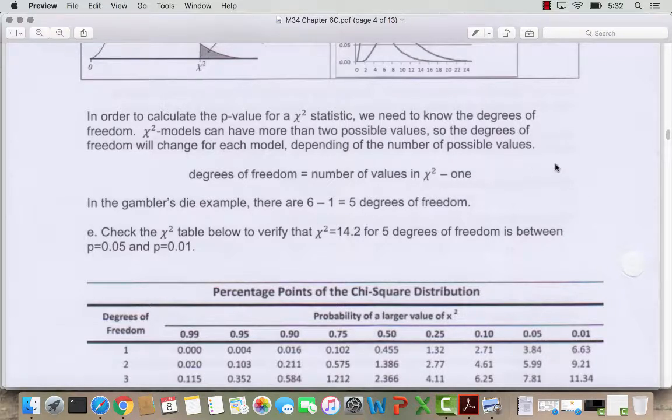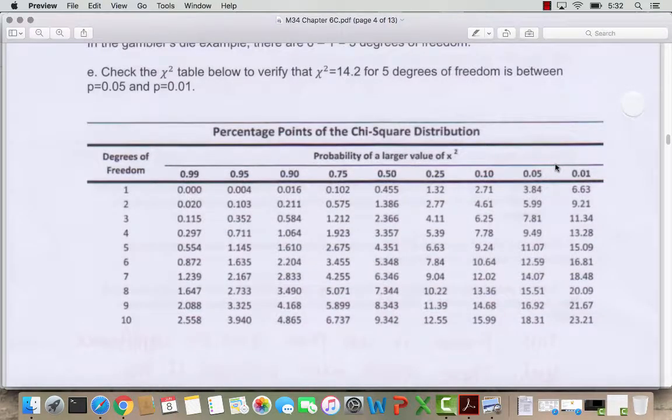So here's how we use a chi-square table. Similar to the Z table, before calculators and computers, students in statistics carried around books with these tables. So we have 5 degrees of freedom because we have 6 lines in our table. So we come over here and find 5 degrees of freedom. And then we look down the row to see where our chi-square value of 14.2 fits in. So we keep going, keep going, keep going.